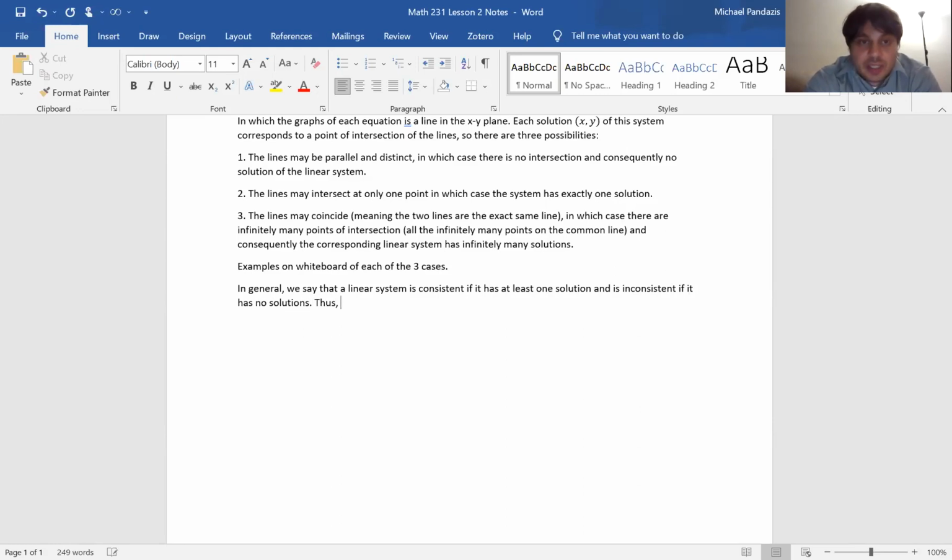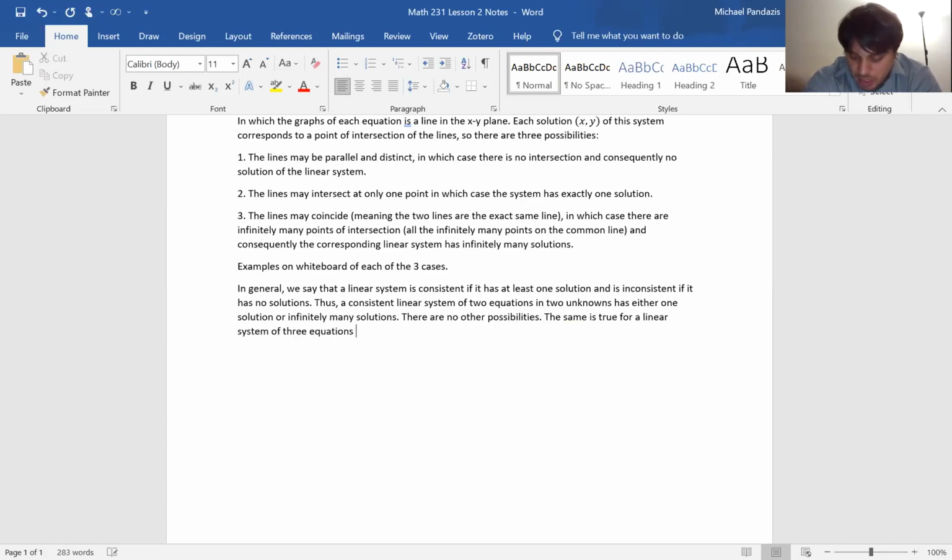Thus, a consistent linear system of 2 equations in 2 unknowns has either one solution or infinitely many solutions. There are no other possibilities. The same is true for a linear system of 3 equations and 3 unknowns.